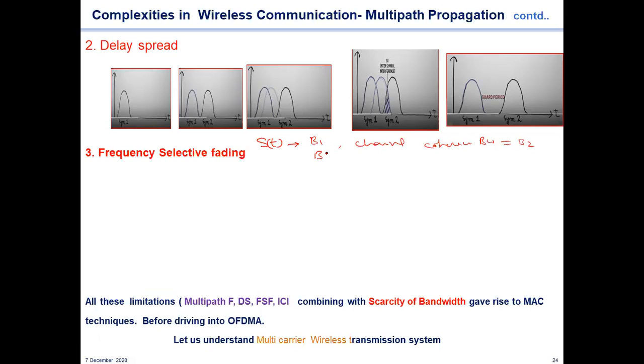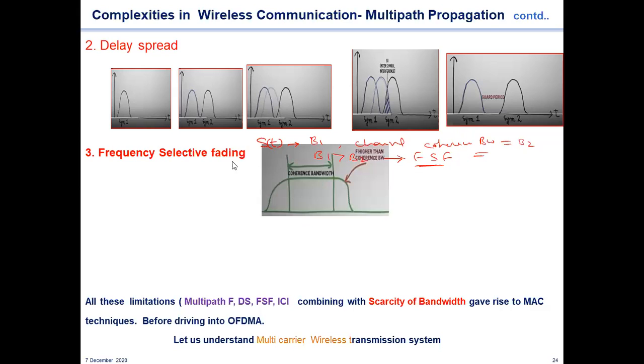If B1 is greater than B2, then I will have frequency selective fading. Coherence time means the amount of time that the channel characteristics are not changing. The inverse of the coherence time is nothing but the coherence bandwidth. To avoid this frequency selective fading, usually we go for equalizers. We use complex channel equalizers so that the interference can be reduced.